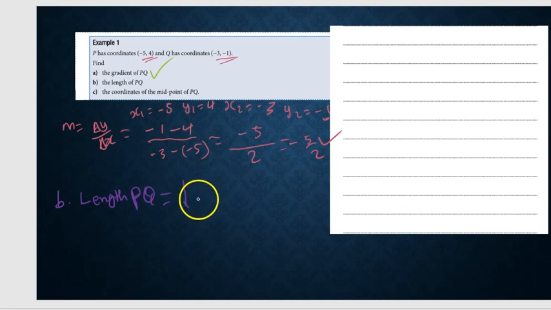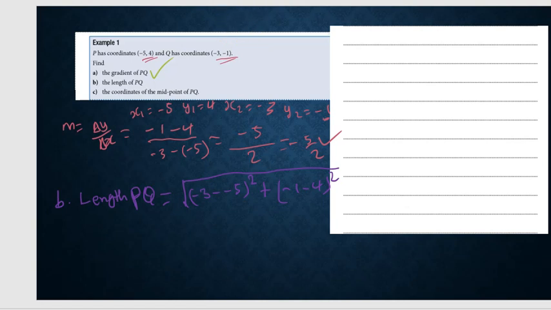So we can take the square root of negative 3 minus negative 5, then we square this, plus, by Pythagoras theorem, negative 1 minus 4 squared. So we take the square root of all of this.